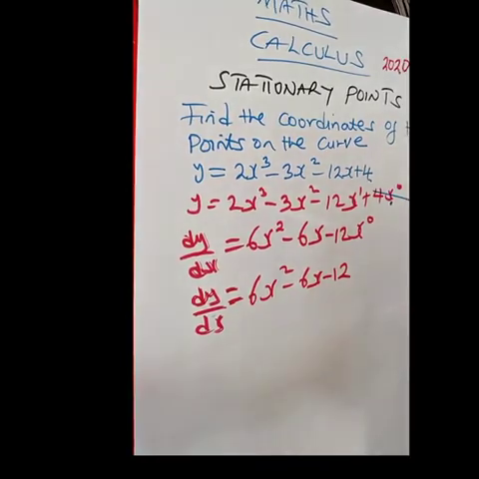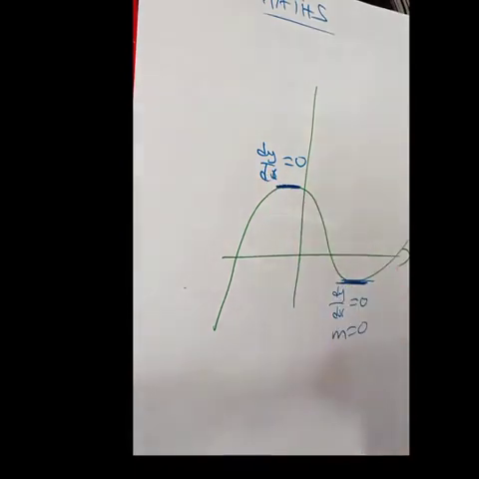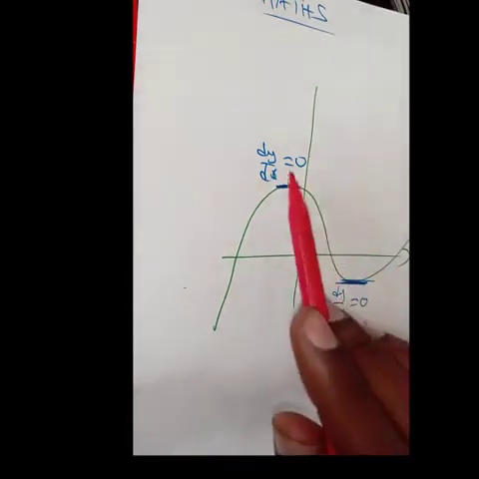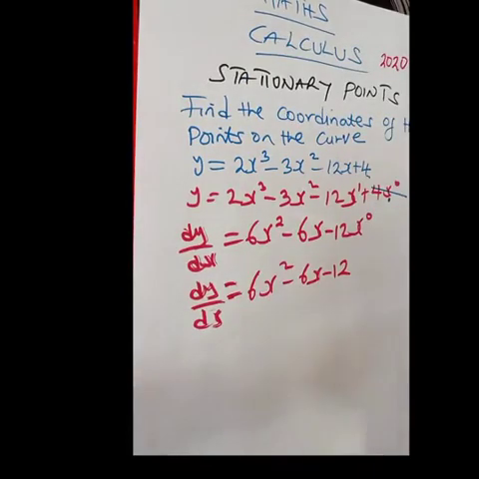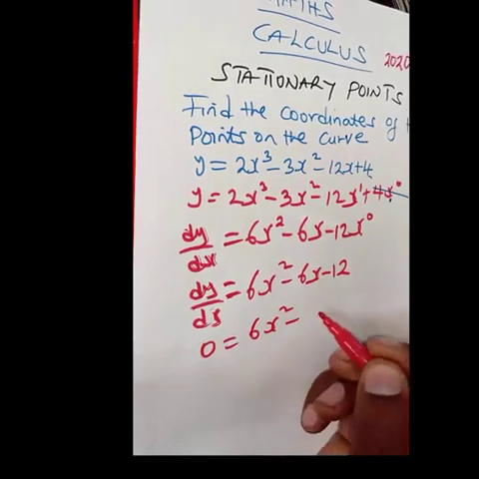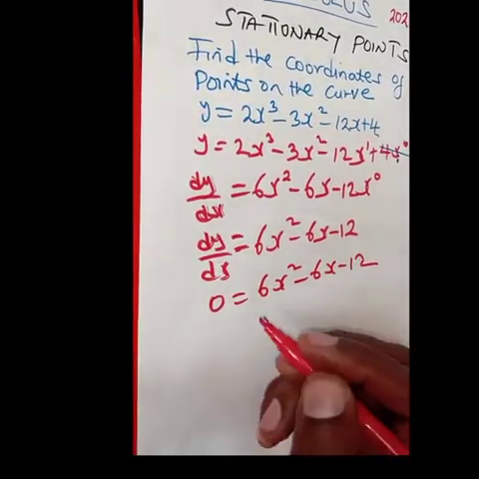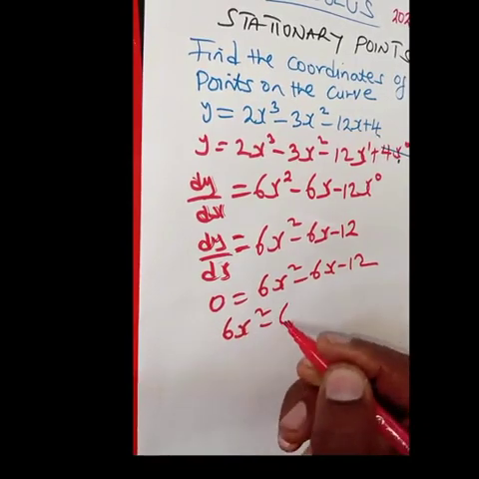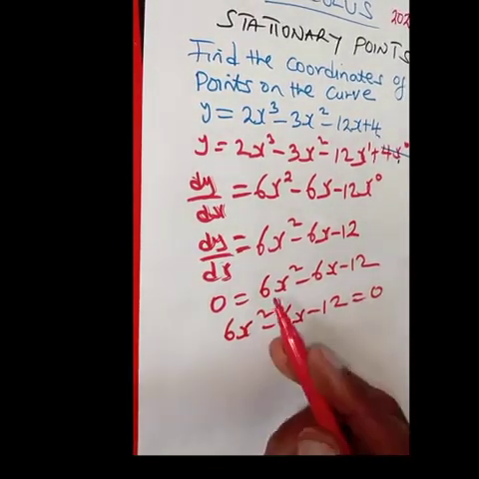Now, remember that whenever they are talking about stationary points, the dy dx is 0. The gradients are zeros, right? So now, it means where there's dy dx here, we put 0. So we write like this. Writing like this is the same as if you were to write like that. We haven't changed anything.